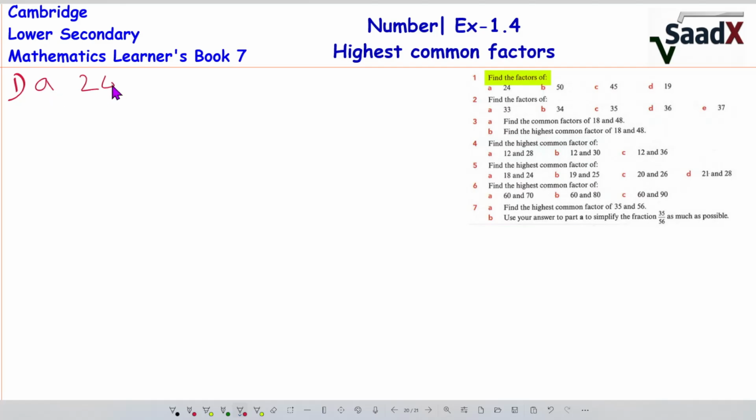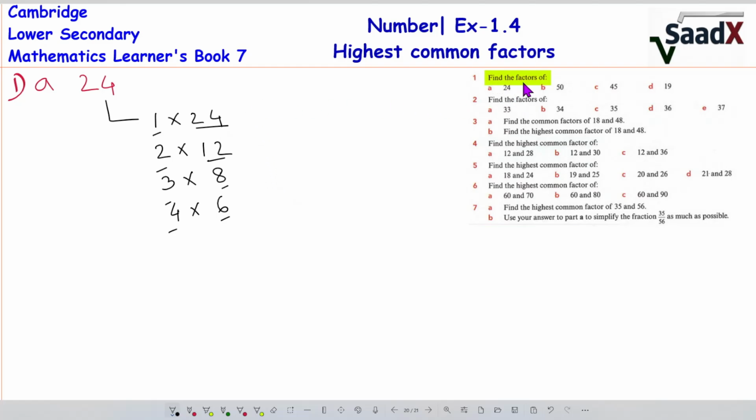We can write 1 times 24 is 24, then 2 times 12 also 24, then 3 times 8 is 24, 4 times 6 is 24. 7 is not possible, 8 already done, 9 not possible, 10 not possible, 12 done, 24 done.